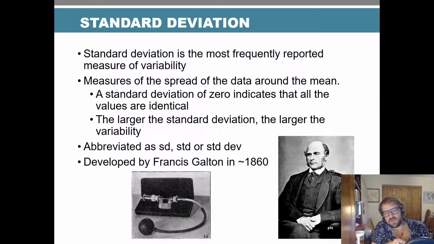I feel like probably someone at some point had realized that there were things like the standard deviation or variance that we could compute. But in the modern era, the standard deviation was developed, or rediscovered, by Francis Galton around 1860.